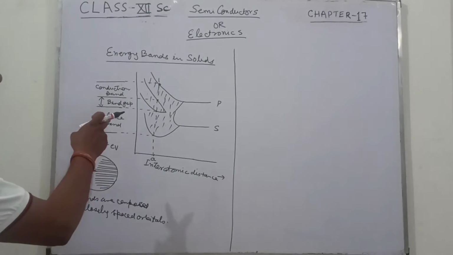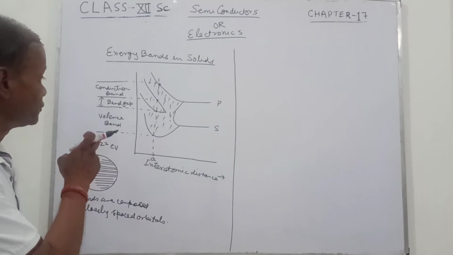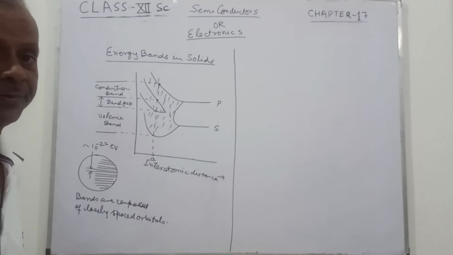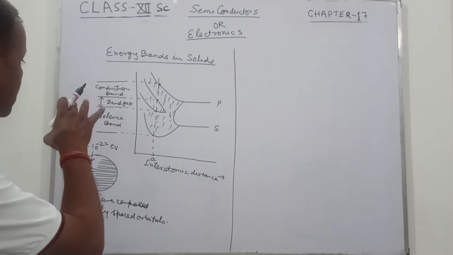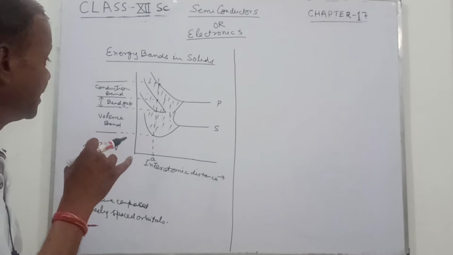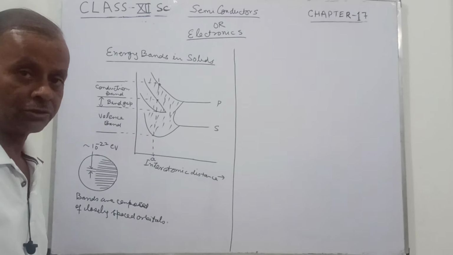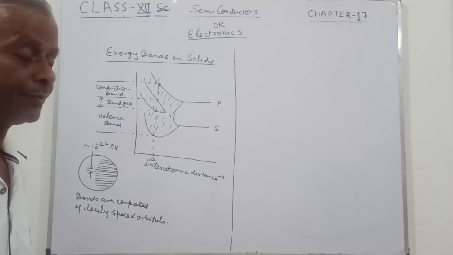So this is the structure that shows the formation of the conduction band and the valence band, and the gap between these two is called the band gap, or this is also called the forbidden energy gap.